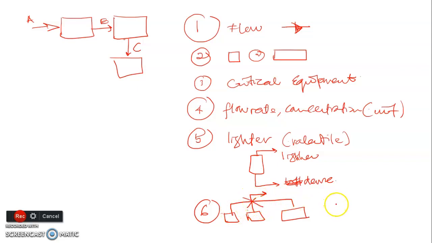The vertical line, not the horizontal, vertical ya, must be broken. Maksudnya macam ni kan, vertical line must be broken.